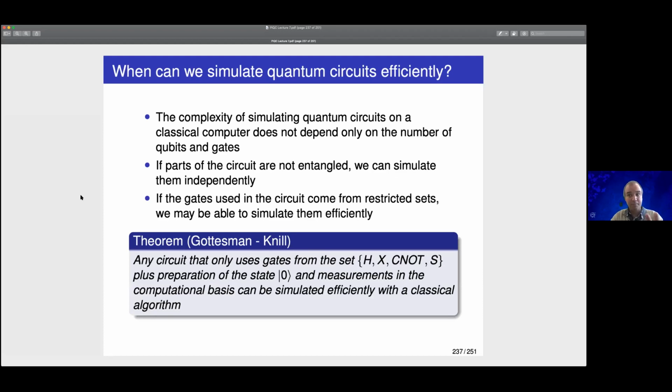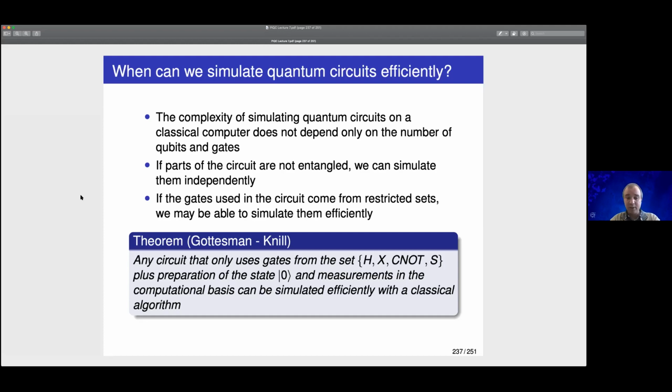So to design the experiment, you need to be careful because although in general we do not know how to simulate quantum circuits with a classical computer, there are situations in which we have efficient algorithms for simulating quantum circuits even with a lot of qubits.